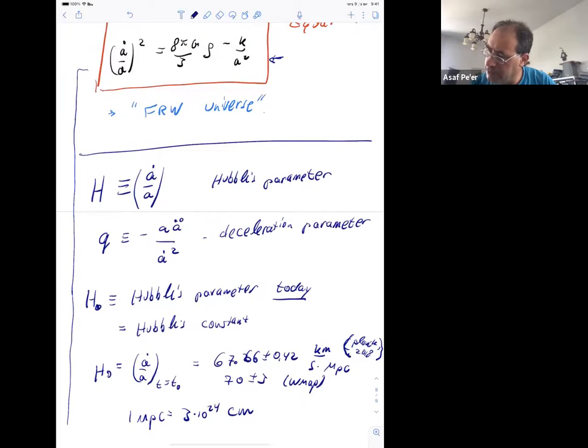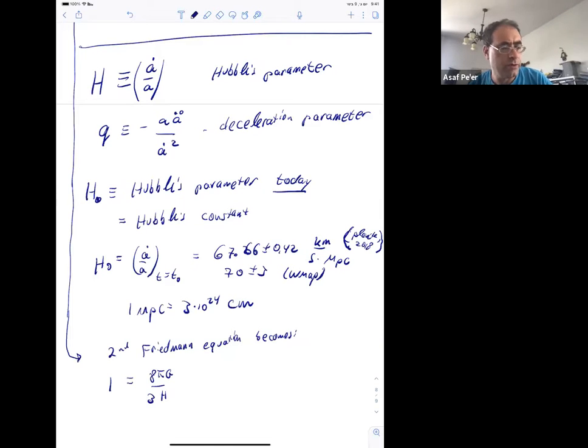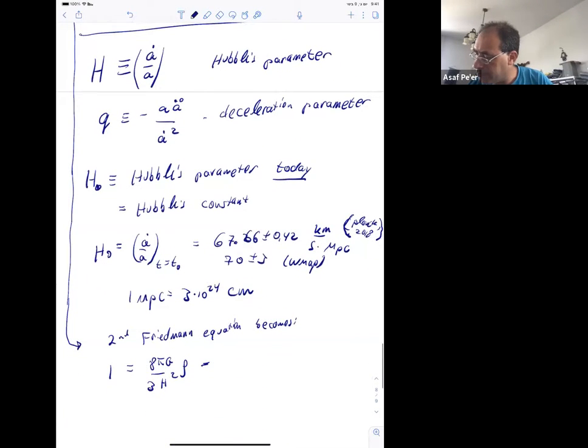So the second Friedmann equation becomes 1 equals 8 pi G over 3H squared rho, minus k over a squared H squared. Okay, just rewriting the Friedmann equation.